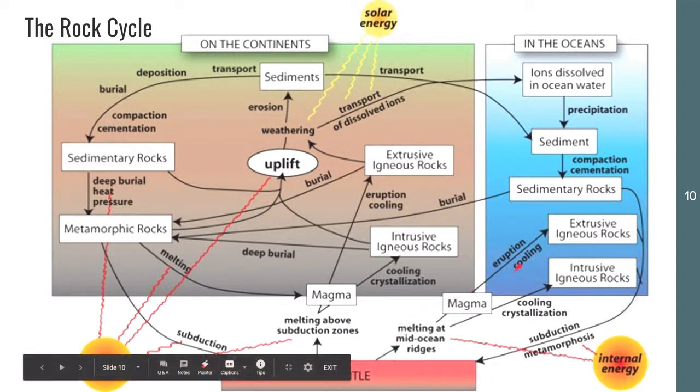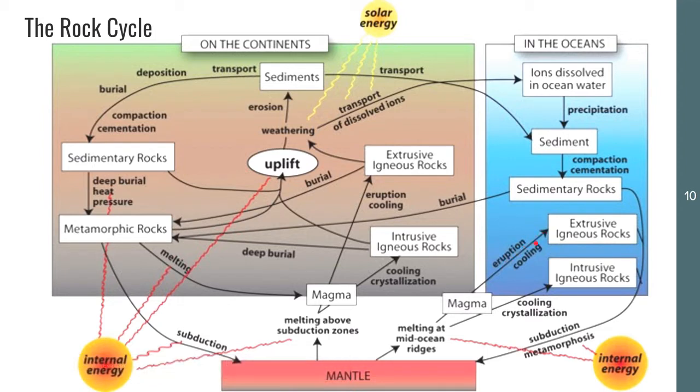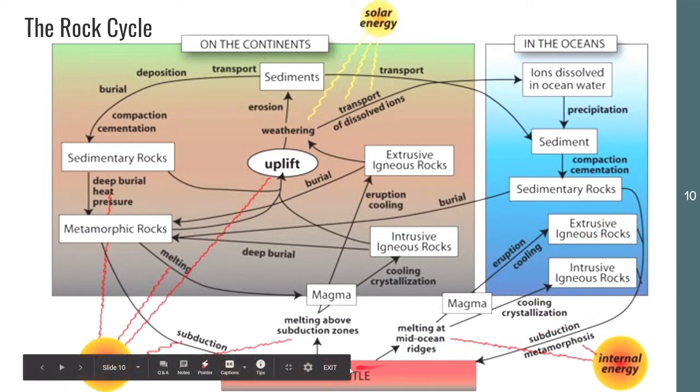Or if it erupts still under the bodies of water, through underwater volcanoes, it can become extrusive igneous rock. So one pathway is still to be subducted back into the mantle, and then they could undergo more changes from there. Okay, so what else?